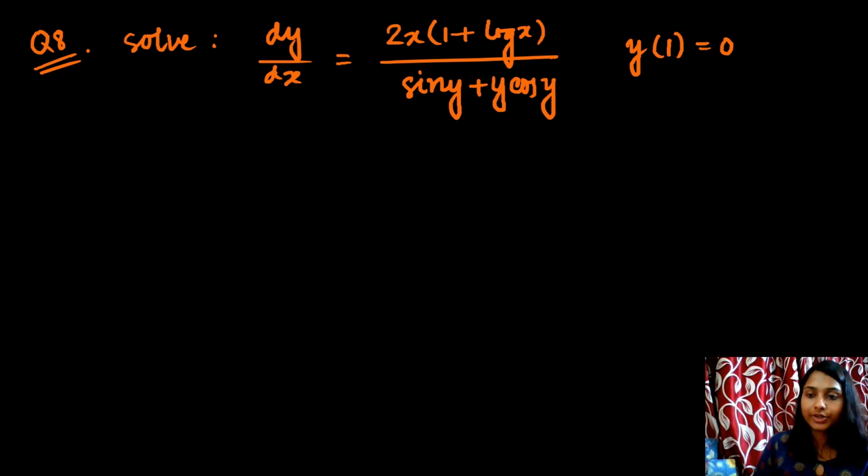Okay, so moving to question number 8. We have this system here. We need to find out the solution again. So here the separation of variables is quite easy.